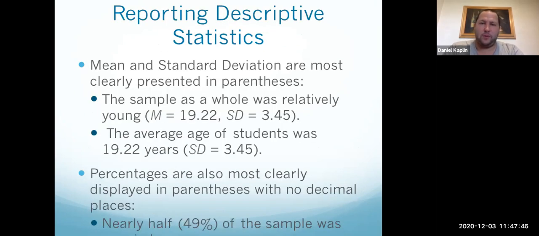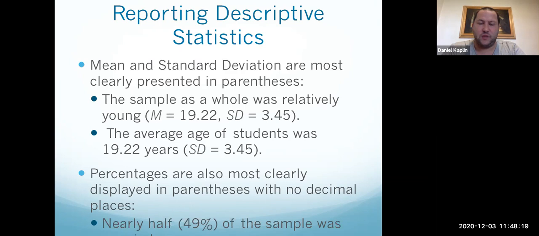Now, when reporting descriptive statistics, I said the most common ones are going to be means and standard deviations. So when we say a sentence like, and this might be in the participant section of your method, the sample as a whole was relatively young with a mean age, M equals 19.22, and a standard deviation equals 3.45.